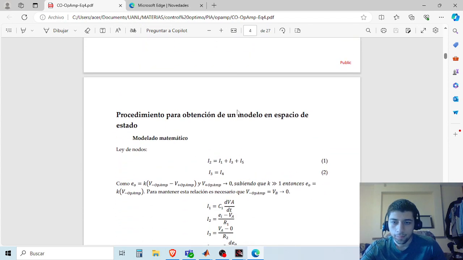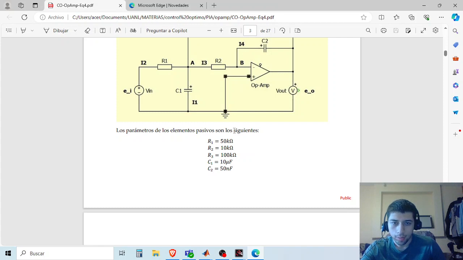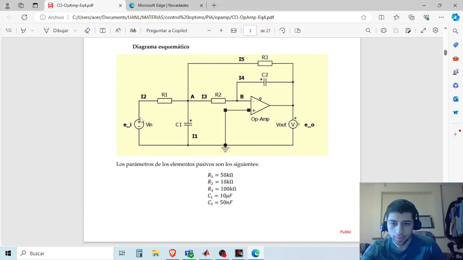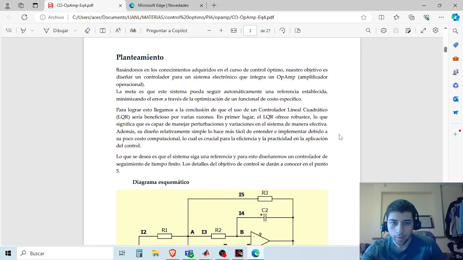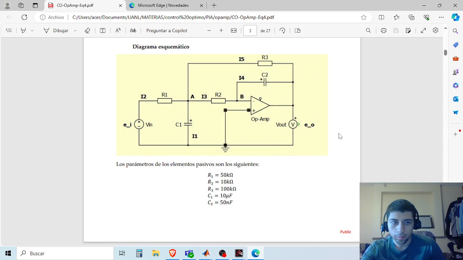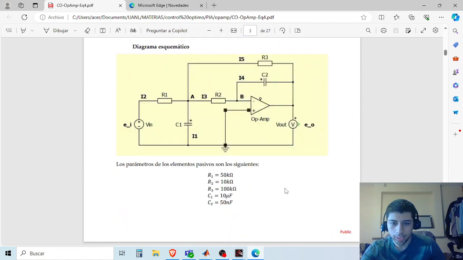And first, we need to obtain the mathematical model for this system before designing the controller, because we need some values and some numbers of the mathematical model.